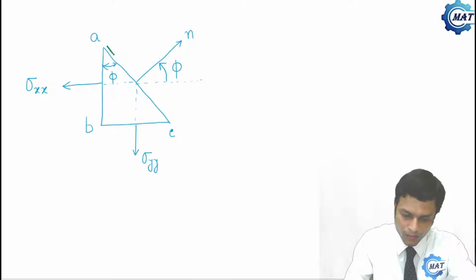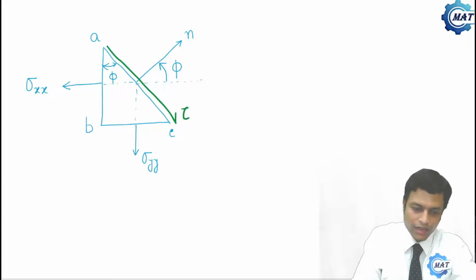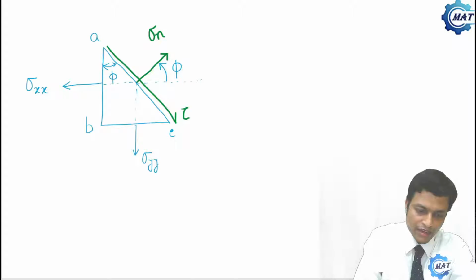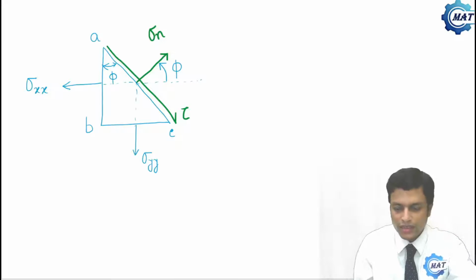This is the shear stress and this is the normal stress, sigma n. So these are the stresses. Sigma n is normal stress on that plane and tau is shear stress on that plane.